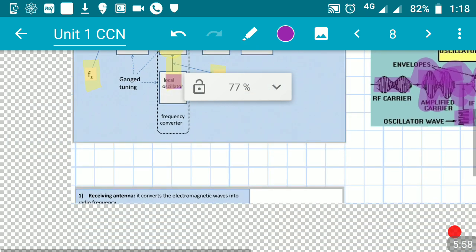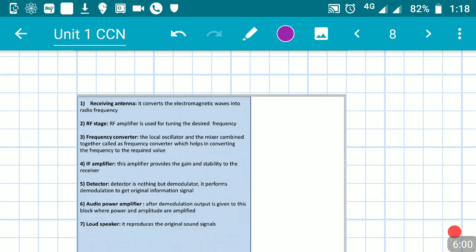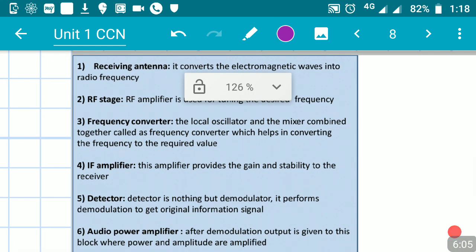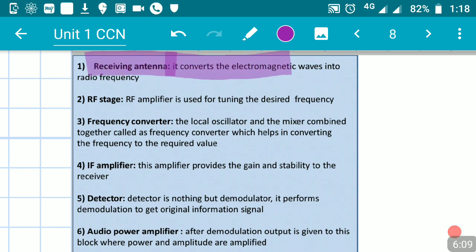Then we go through the answer step by step. The first step: the receiving antenna converts the electromagnetic waves into radio frequency. Then the RF stage. What is the function of the RF stage?